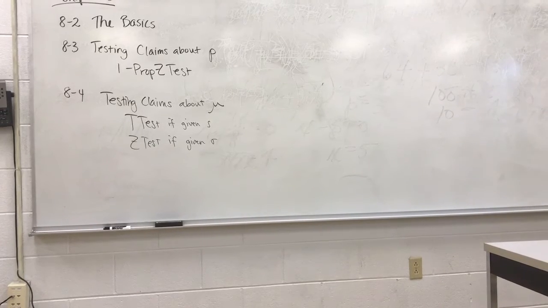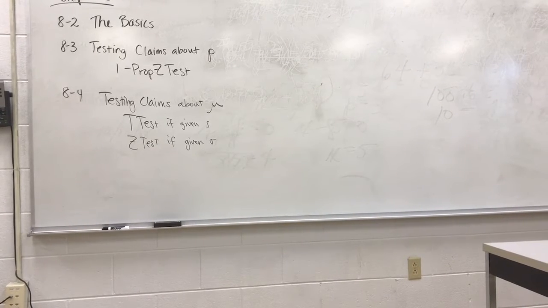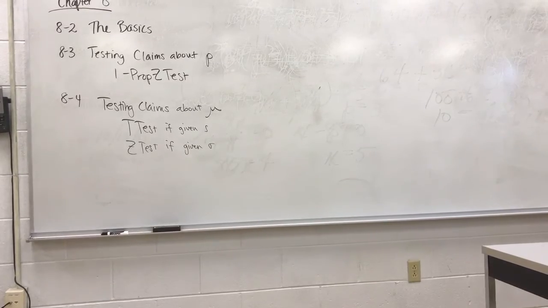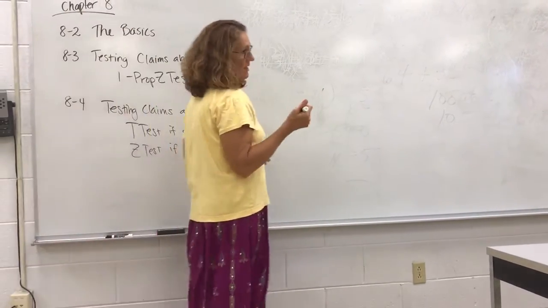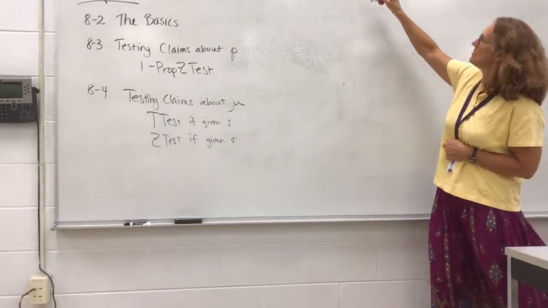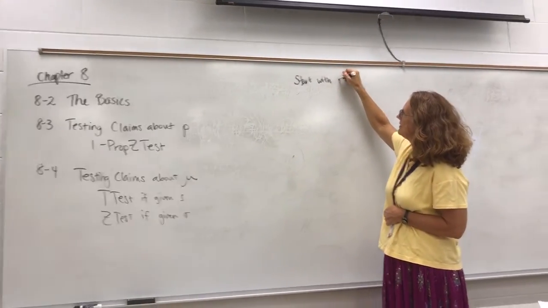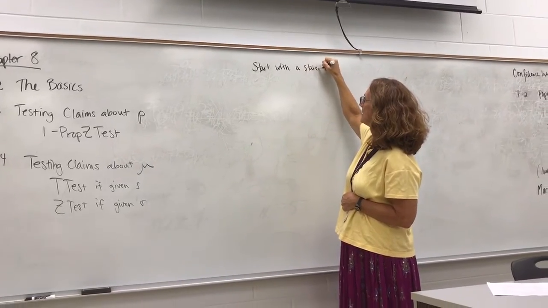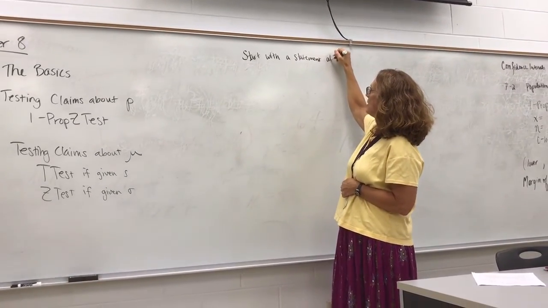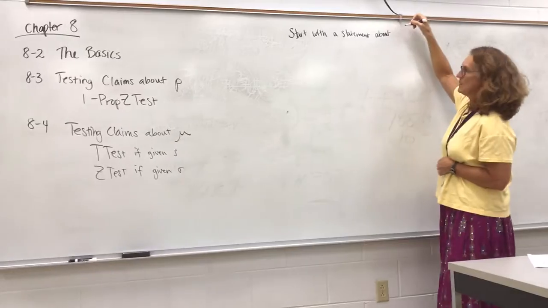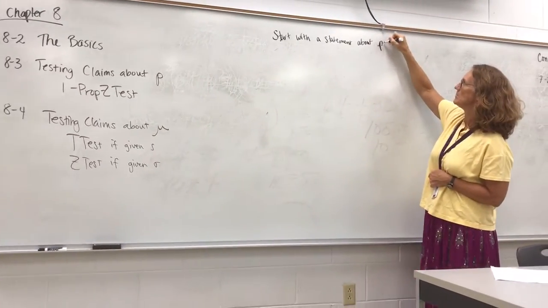But confidence intervals are just a calculation, and hypothesis testing, like I said, is a process. So here's how it works. You start with a statement about the population parameter. It's going to be about P or mu.